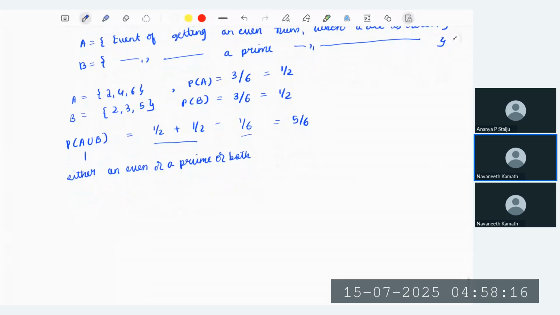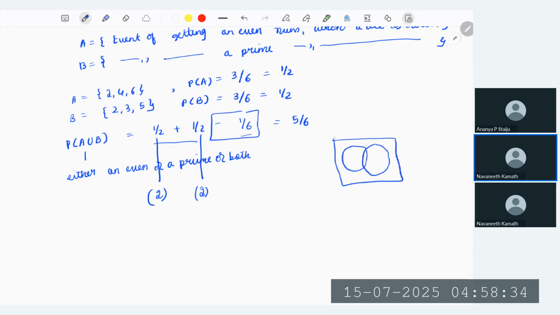Here, why we are subtracting these values is very important to understand. Here I have considered 2 once, and here I am considering 2 again. So this 2 value is common to these two. If I write it in Venn diagram form, the common things between these two outcomes, I'm considering them two times.